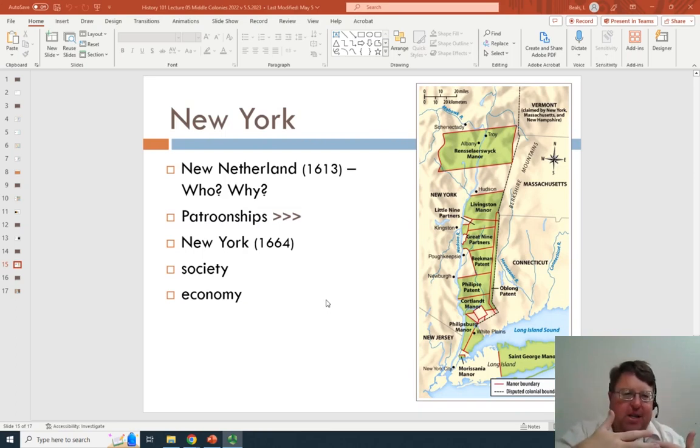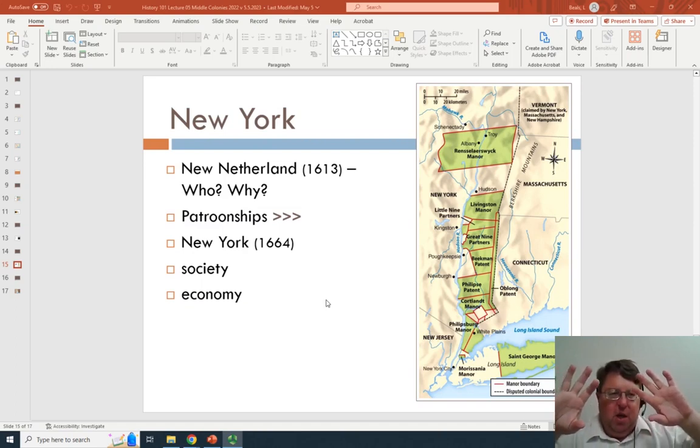Like even by the 1600s, serfdom is disappearing in Western Europe, right? And so during this time, these are land grants, but instead of advertising for people to come, you almost have a feudal lord of the manor, with labor being indentured servants.